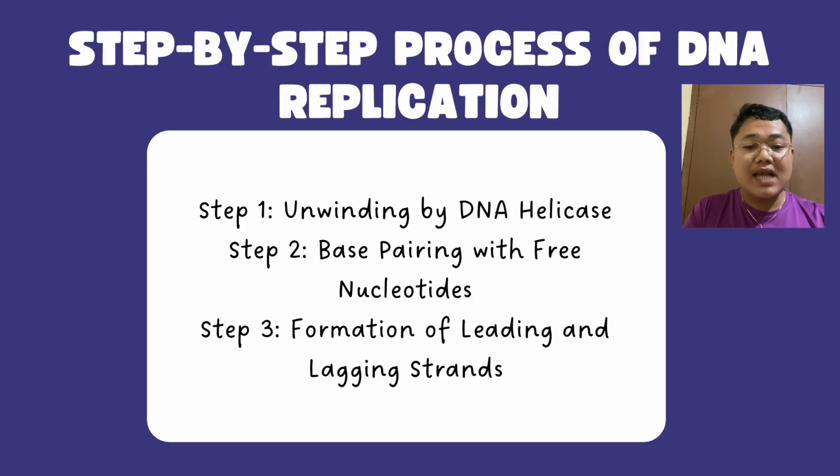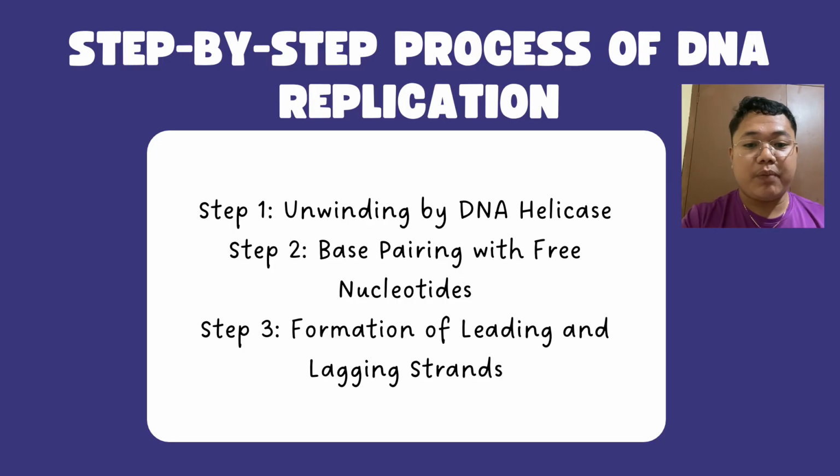Once a nucleotide pairs with a template base, another enzyme called DNA polymerase checks if the pairing is correct. If correct, the DNA polymerase forms a new phosphodiester bond, connecting the nucleotide to the growing DNA strand.